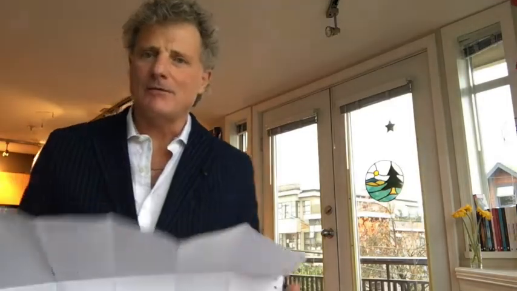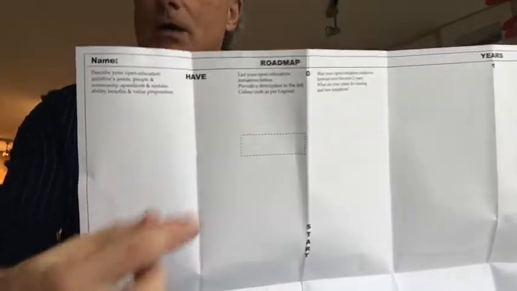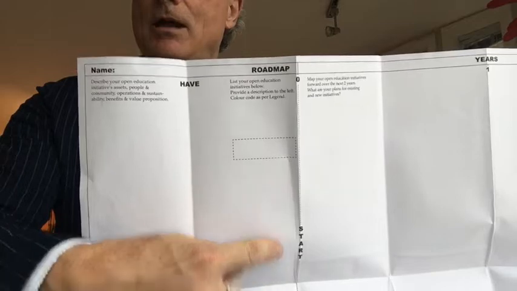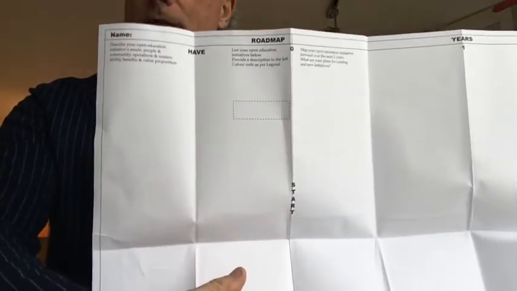The biggest part of the roadmap, though, opens up to a big framework or canvas for developing a roadmap. So we'll start here in the top left corner describing what you already have. Down along the start line here, we'll ask you to identify the open education initiatives you have underway.